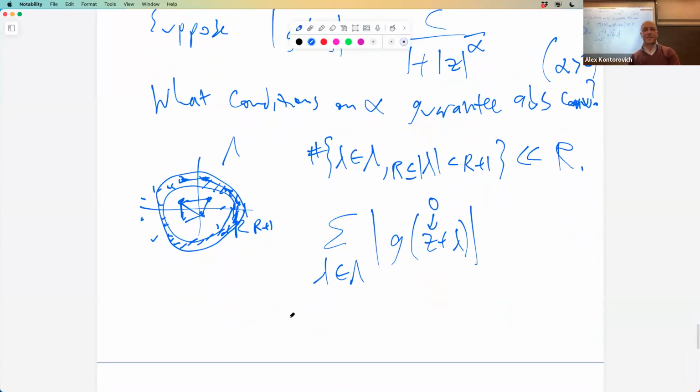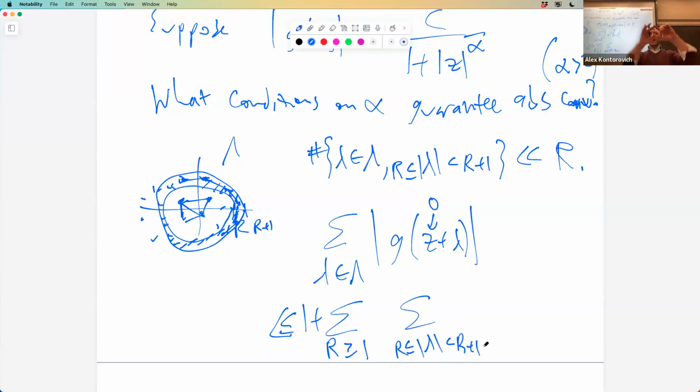So let's write this. This is at most a sum over integers R greater than or equal to, well, 0 or 1, whatever. Let's put a constant here in case R is equal to 0. R greater than 1 integers, and then a sum over all lambda lying between R and R plus 1.